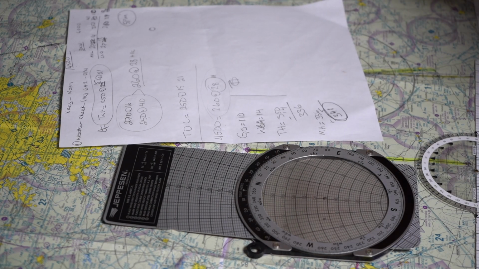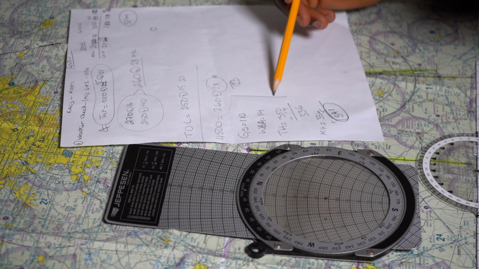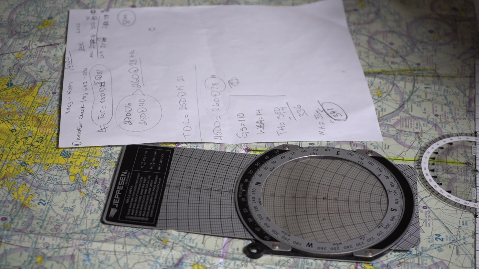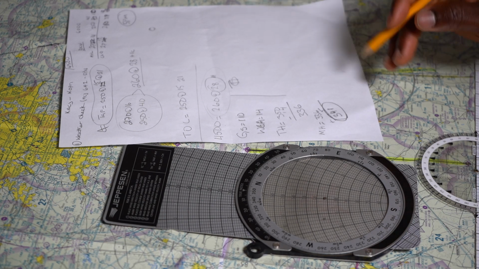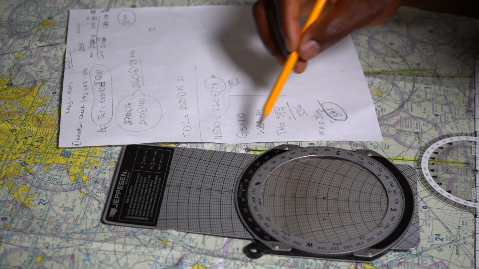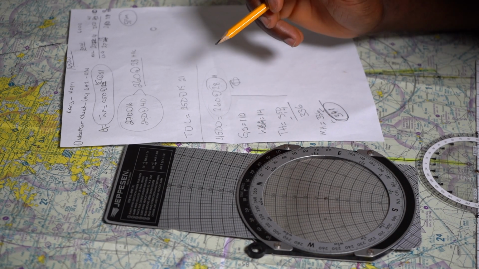We are actually adding even more correction to be able to keep this ground track. First we were going 345, now we have to go 4 degrees further left to continue with our ground track to get to our destination airport.